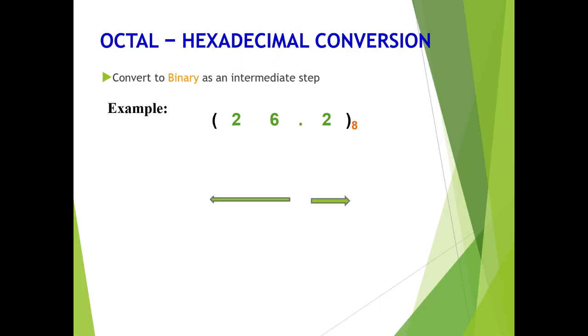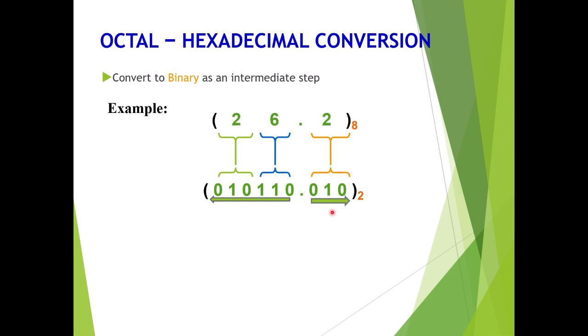First I have to convert into binary. As we know, for octal we represent each digit as 3-digit binary or 3 bits. For 6 it is 110, for 2 it is 010, and for the 2 on this side, it is 010.